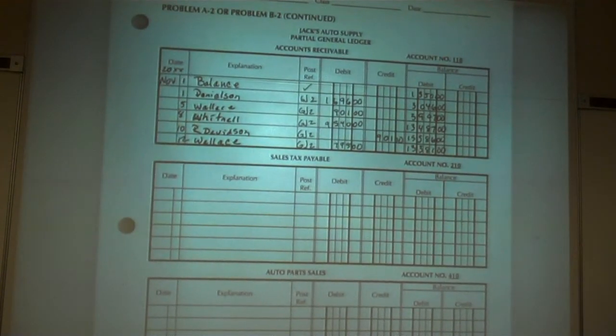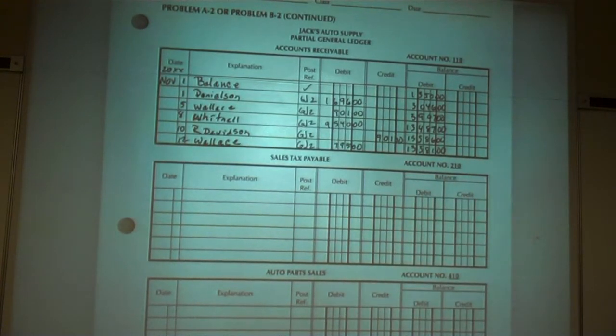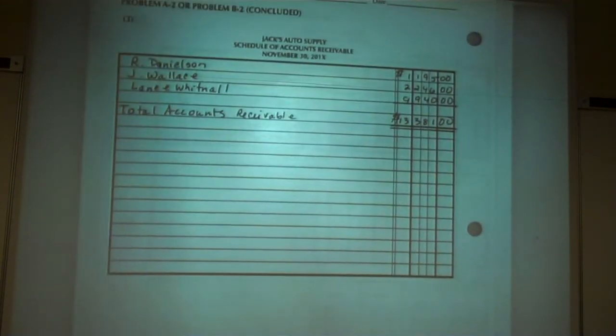This was your balance for accounts receivable. When we do the schedule of accounts receivable, we can go back and check this number right here with the number on the schedule of accounts receivable.